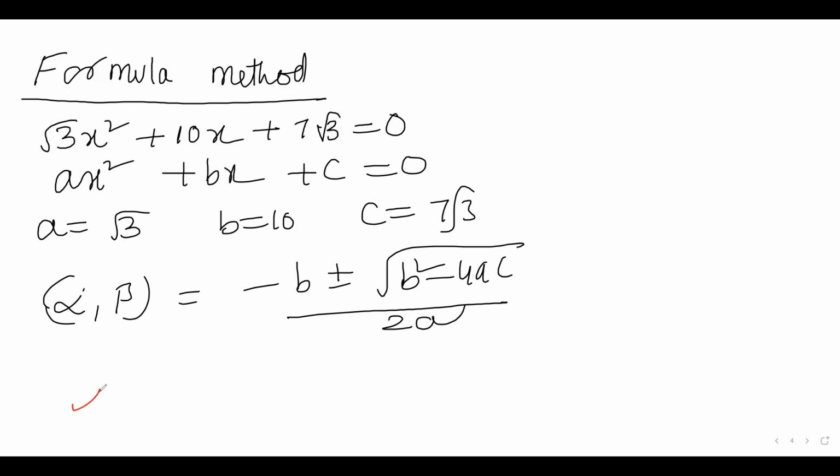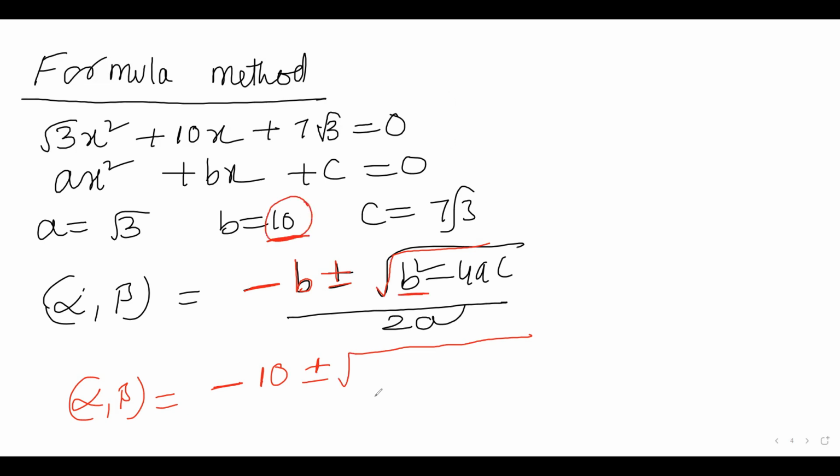Let us substitute. Alpha comma beta is equal to minus, as it is, the b value, what is the b value? 10. Plus or minus as it is. Square root as it is. b square, what is b square? 10 square. What is a? √3.